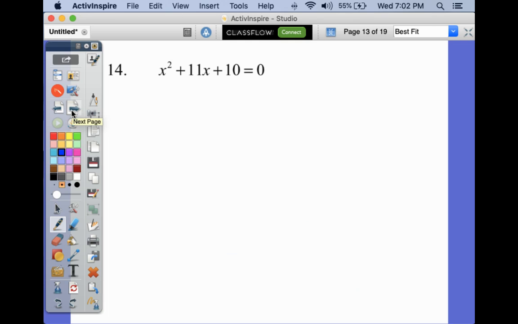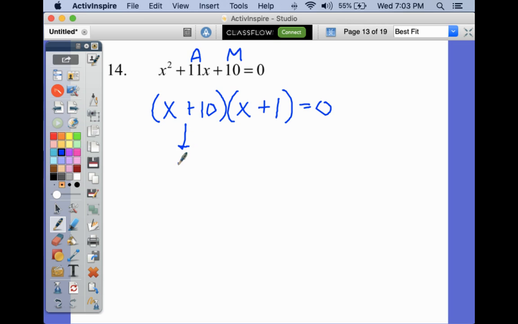Okay, next, another quadratic formula problem, I believe. Actually, here the directions just say solve with any technique. Okay, so that's actually a little bit easier because I noticed that I can multiply to 10 and add to 11. I can factor this, x plus 10 and x plus 1.